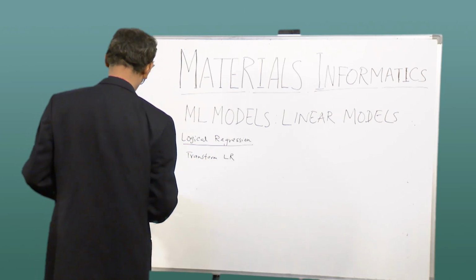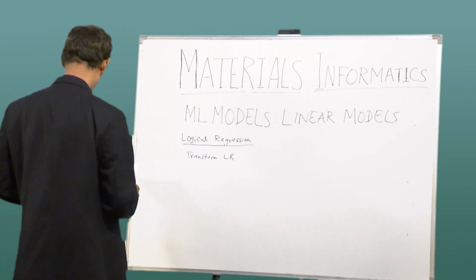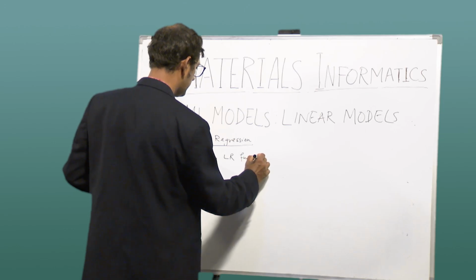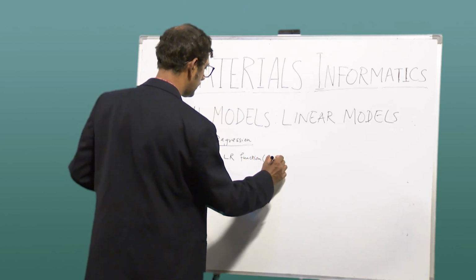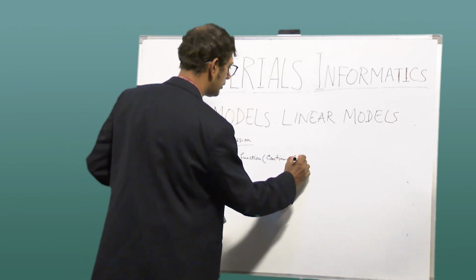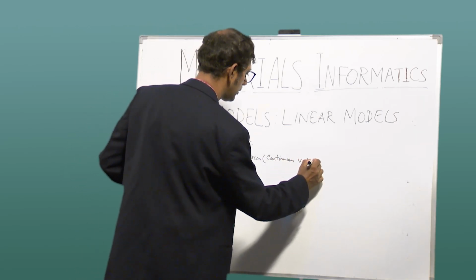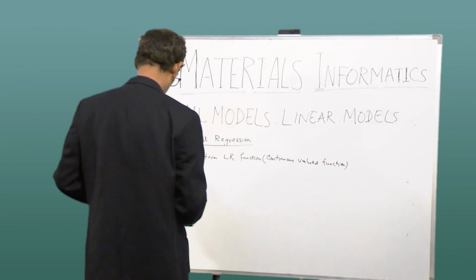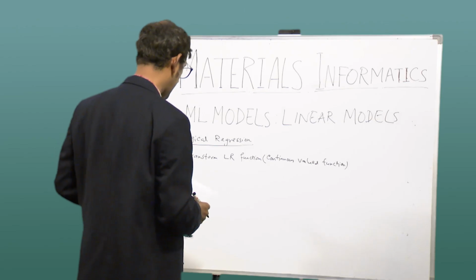LR, we call the linear regression function, which is a continuous valued function, right. This must be a continuous valued function. We can convert this into categorical values.